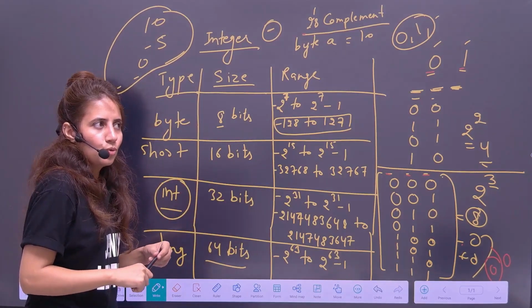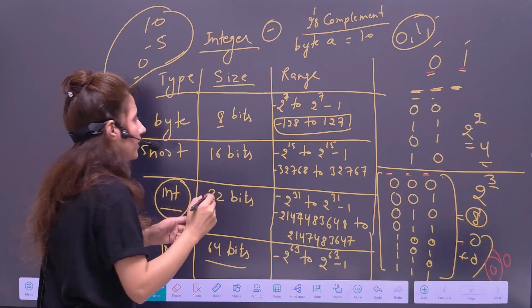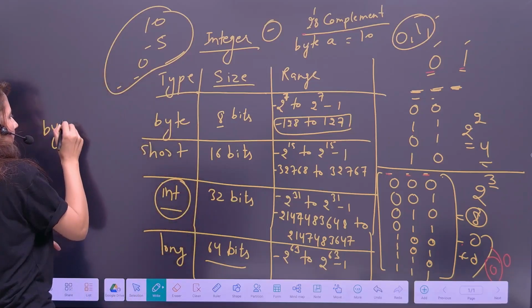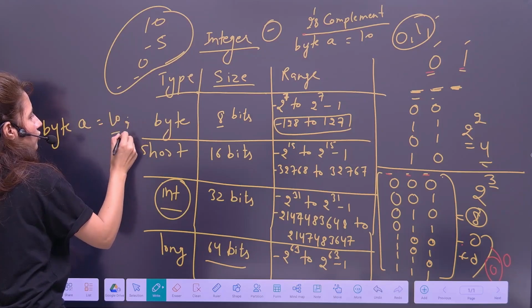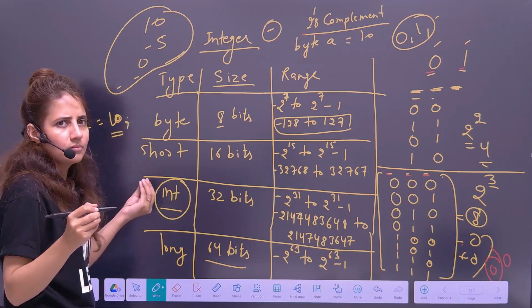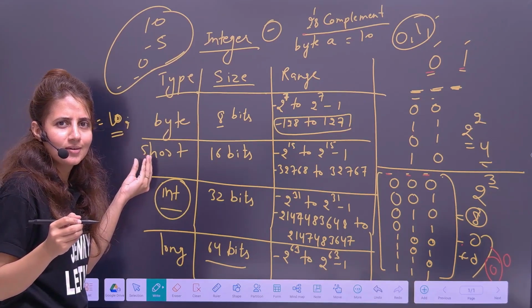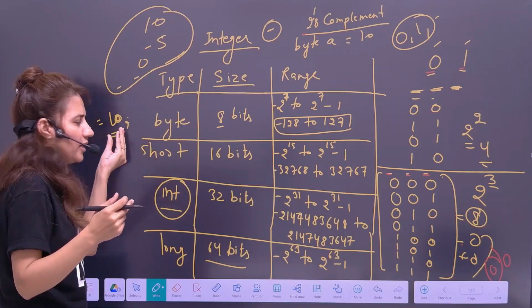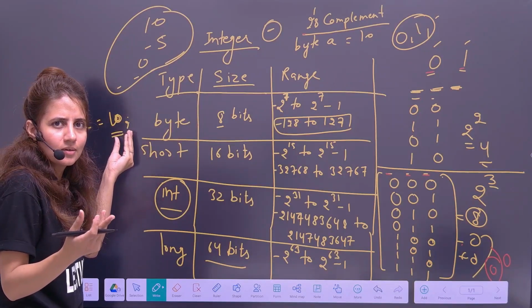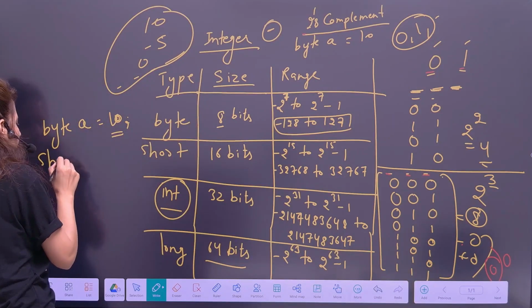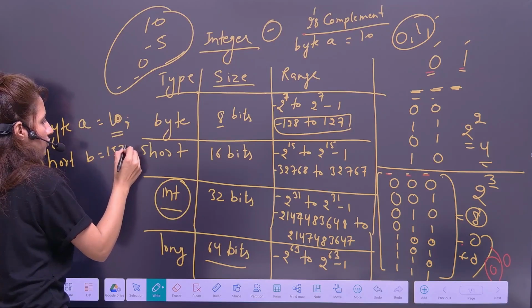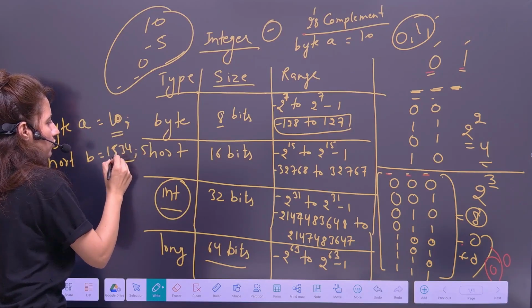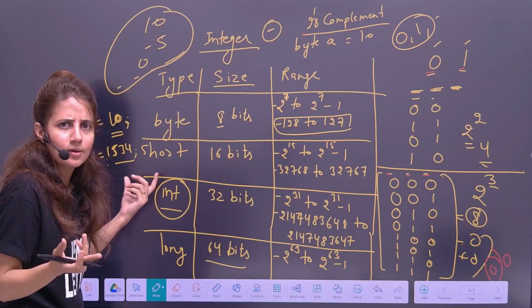So if you write something like byte a is equal to 10, 10 is nothing but an int literal, a fixed value, an integer literal. If you write short b is equal to 1534, this number is also an integer literal.